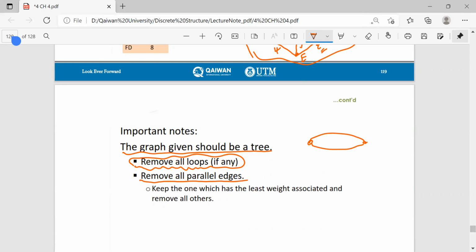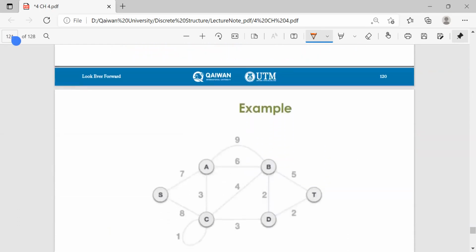Which one do we remove? We remove the one which has greater weight. We keep the one which has the least weight. For example, if the weight of this one is 4 and this one is 2, which one do we remove? We remove the below one because its weight is 4. It's greater than the above one. We keep the least weight edge.